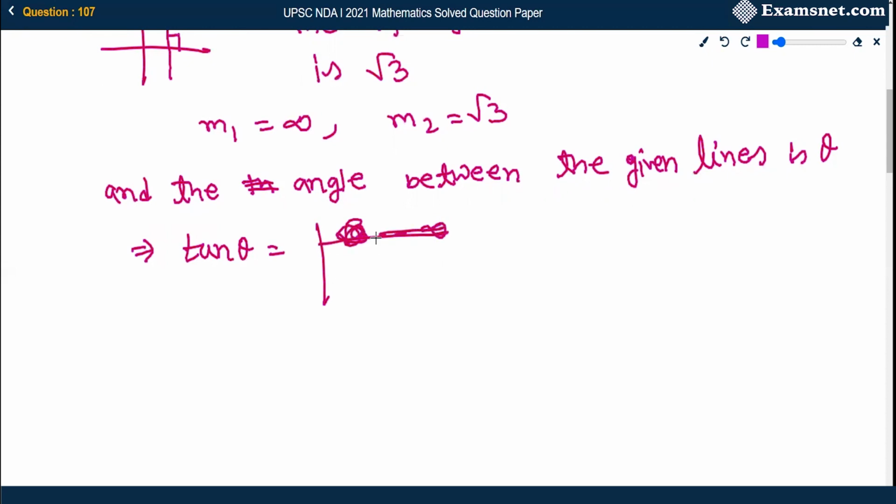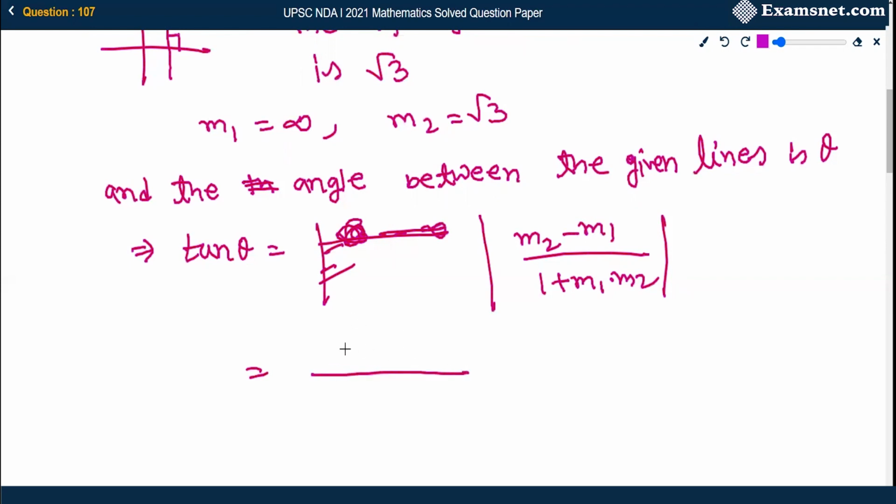So look here, we have m2 minus m1 by 1 plus m1 multiplied by m2, right? That is the formula. Now if we divide by m1 both the numerator and the denominator, it will become m2 by m1 minus 1 over 1 by m1 plus m2, correct?